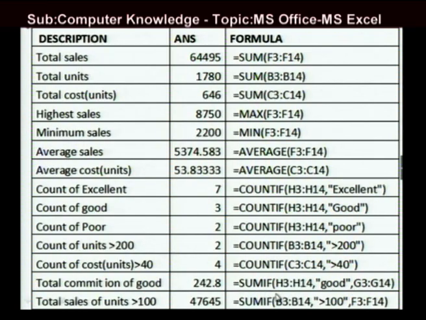This is the SUMIF condition, very important shortcut keys for SUMIF conditions. Here we have many more options and shortcut keys: sum function, maximum, minimum, average, COUNTIF and SUMIF. These are the shortcut keys for functions.